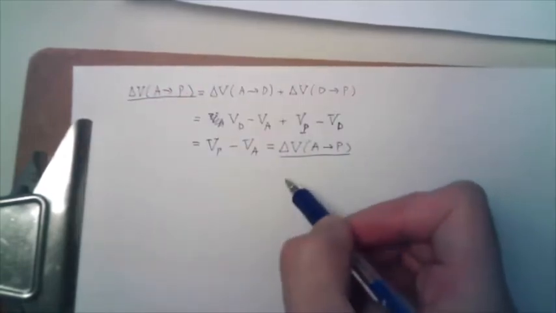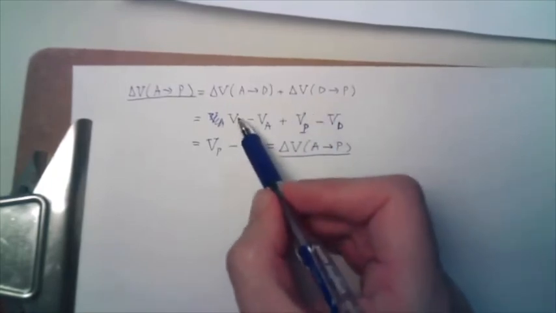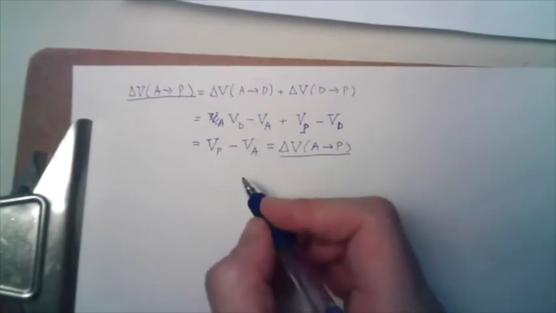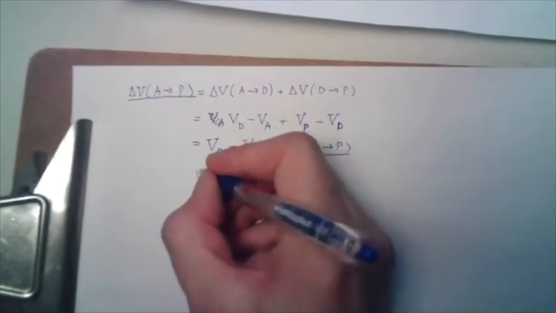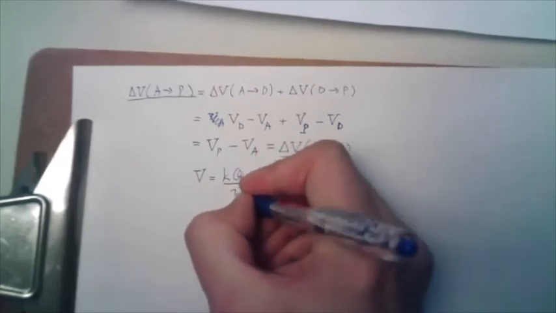So we know that a construct like this works mathematically really well if we have some kind of a potential function that is a function of only the position. And we take that potential function and we call it just V, and we're going to call this kQ over R.